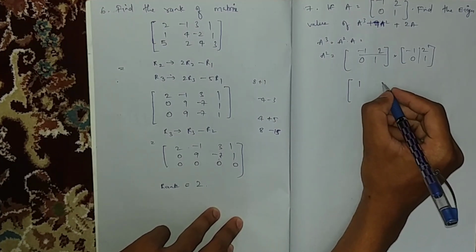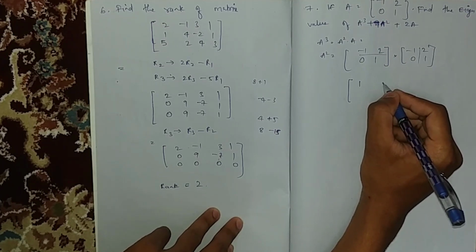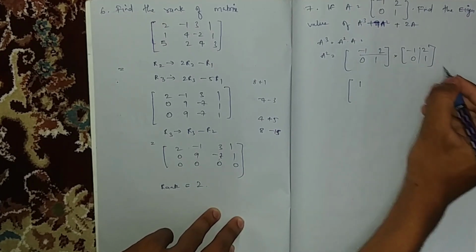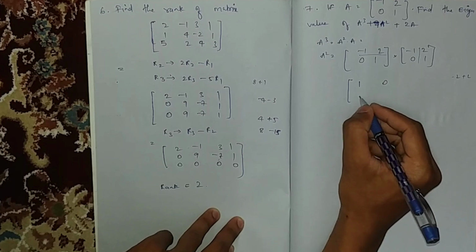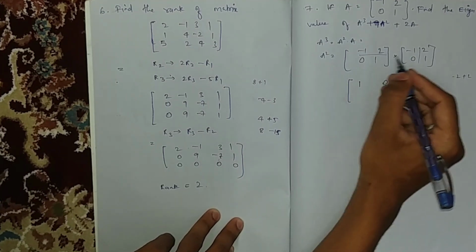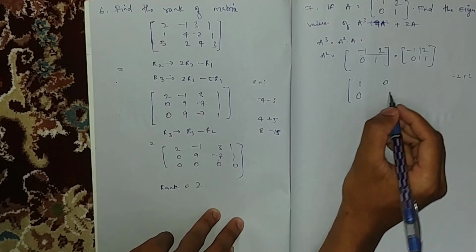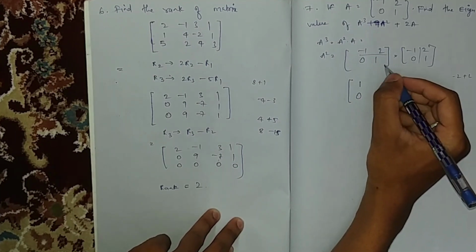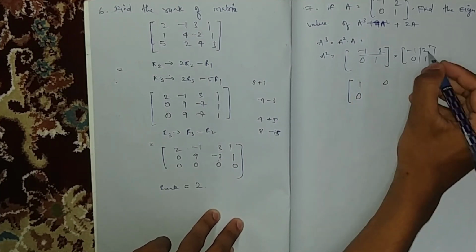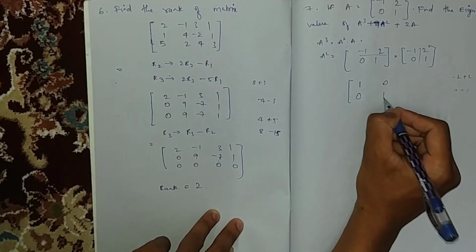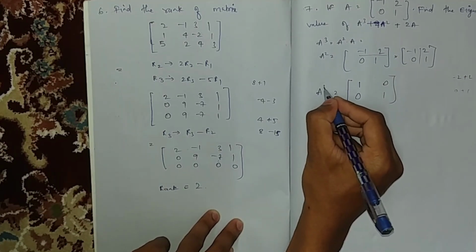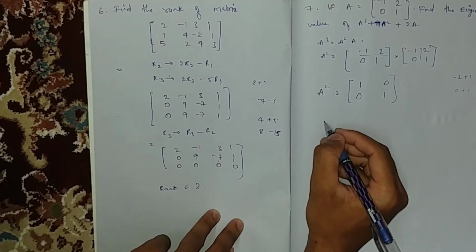Minus 2 into 2 is minus 2, and this becomes plus 2, as this becomes 0, and 0 into minus 1 is 0, and 1 into 0 is 0, so I will write here 0. Now 2 into 0 is 0 plus 1, so it becomes 1. A square is [1 0; 0 1].